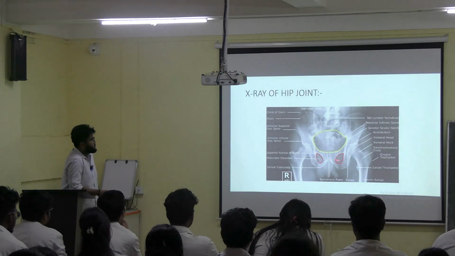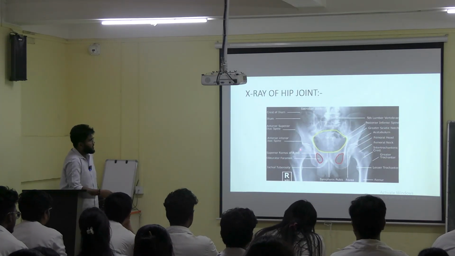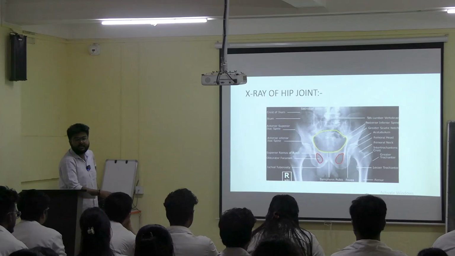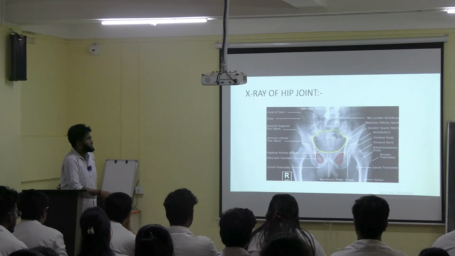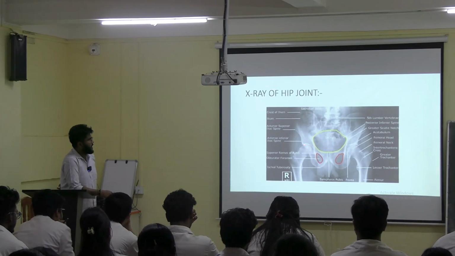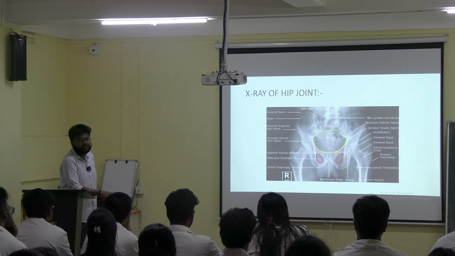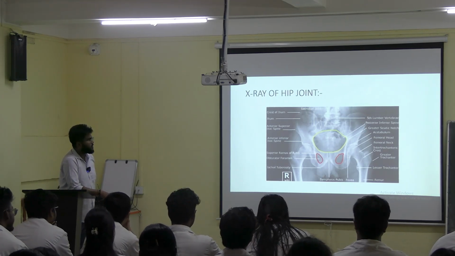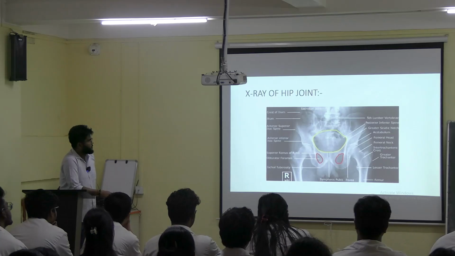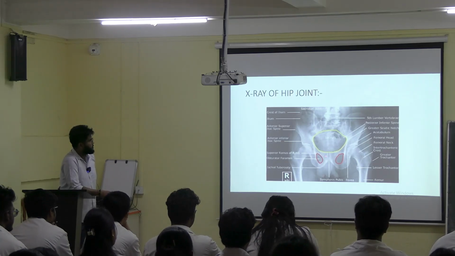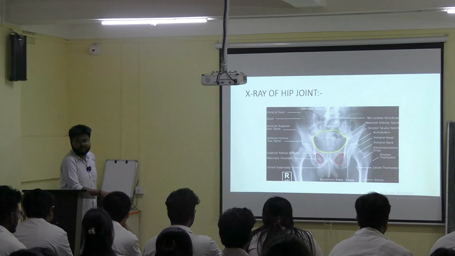The first and most important joint is the hip joint. How is the hip joint formed? By the head of the femur and the acetabulum part of the hip bone together. Next is the pubis bone, and together this part is called the pubic symphysis.